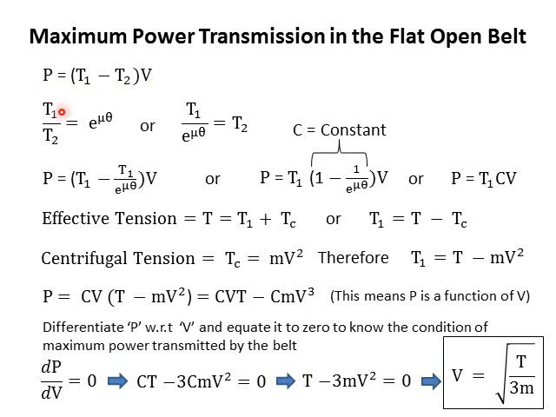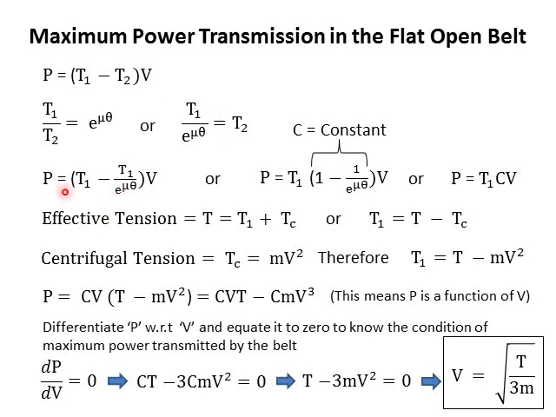We already know the ratio of the tension at the tight side divided by the tension at the slack side is equal to e raised to the power mu theta, where mu is the coefficient of friction and theta is the wrap angle. Or we can just say that T2 is equal to T1 by e raised to the power mu theta.